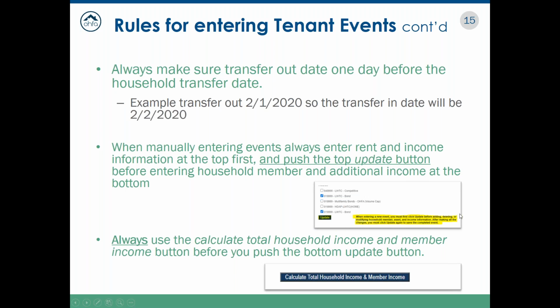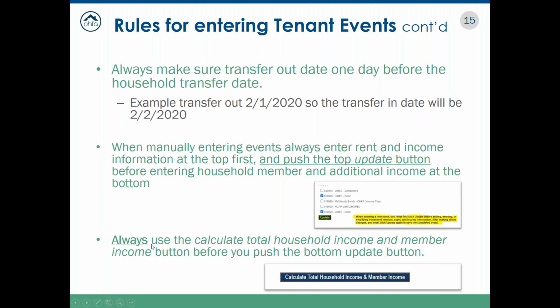And there's also even a little spiel here about what you need to do. It says, when entering a new event, you must first click update before adding, deleting, or modifying household member, asset, and income information. After making all of the changes, you must click update again at the bottom to complete the event. So be mindful of that. You want to click the update button at the top and then enter your household info and additional income information.